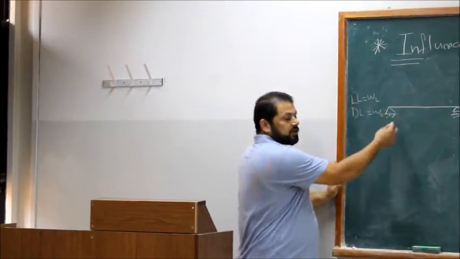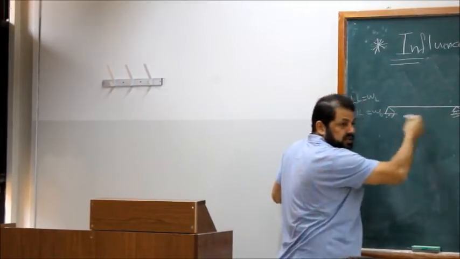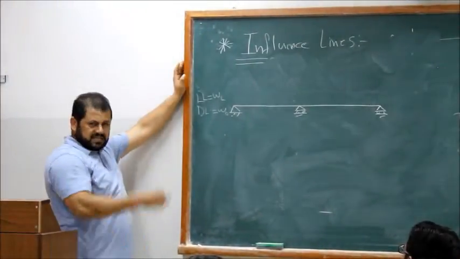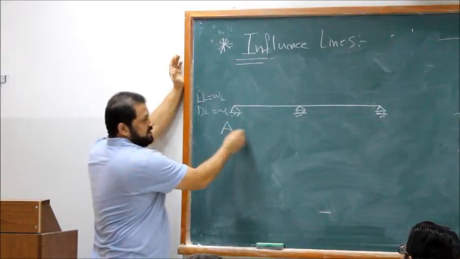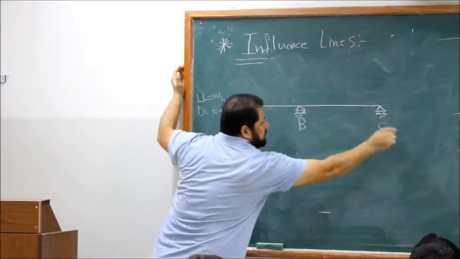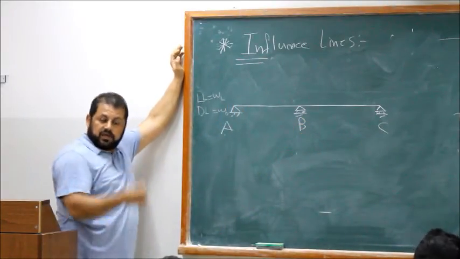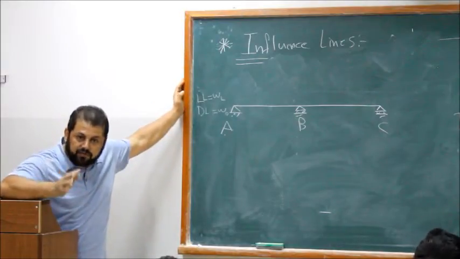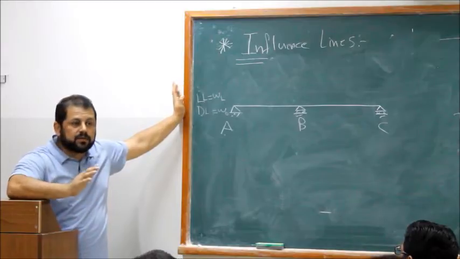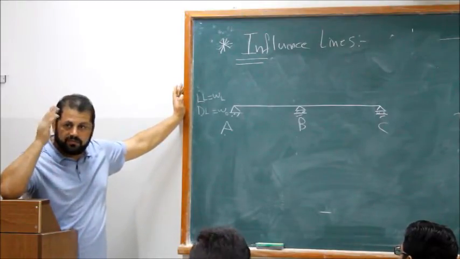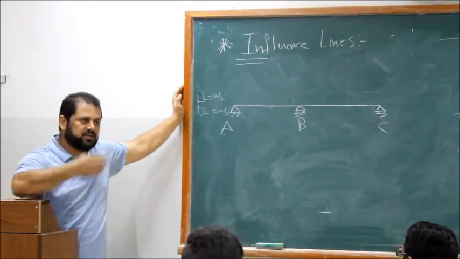Now look, when you design this as a reinforced concrete beam or a steel beam, what are you designing for? We need the internal forces. What are the internal forces in a beam? Shear and moment. The main forces in a beam are shear and moment.